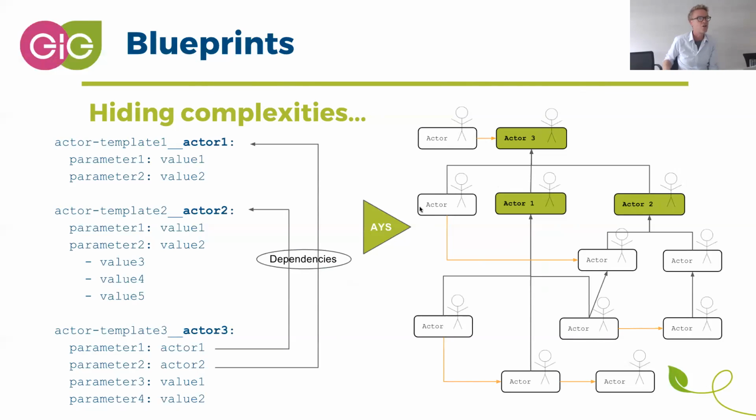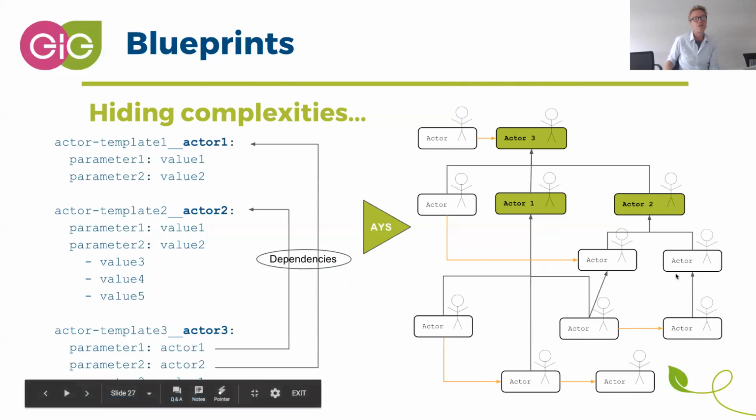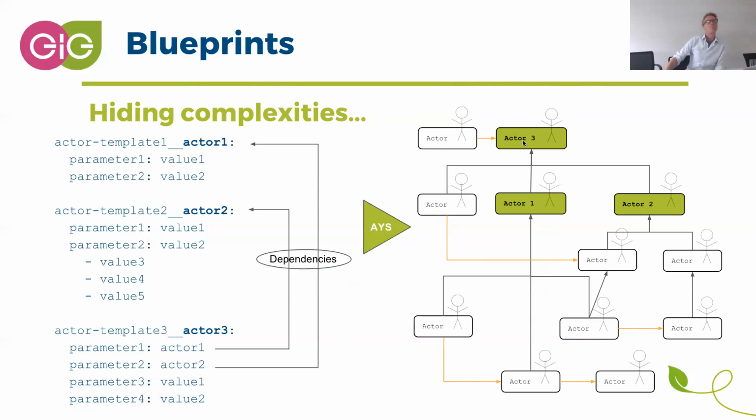And at your service, the engine, the server, translates that into a dependency tree. We tend to use the word actor, but think of it like the services you have seen. Typically, we don't talk about actors in the way we visualize it here. You typically talk about a service 3, a service 2, and so on, and that's what is shown here. Good?